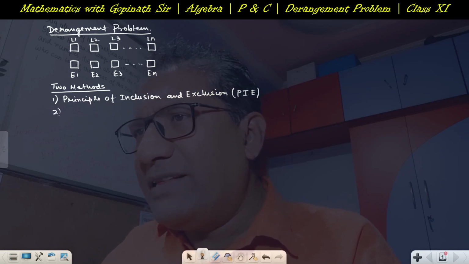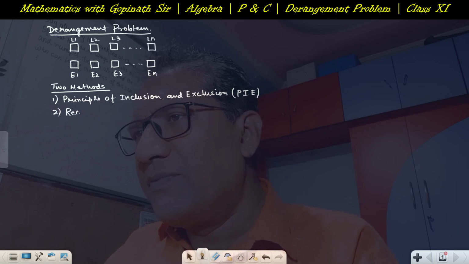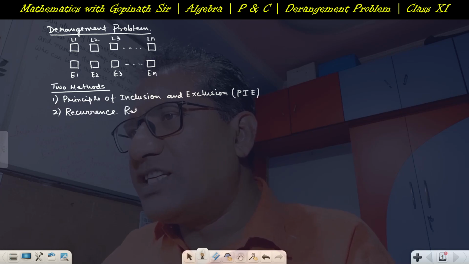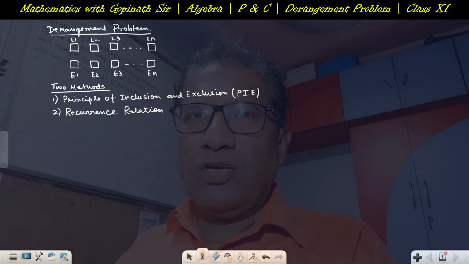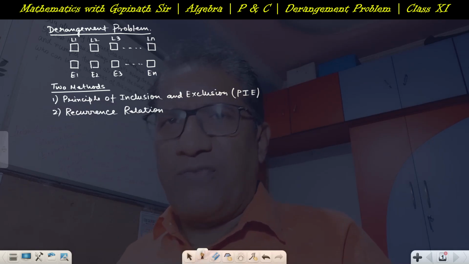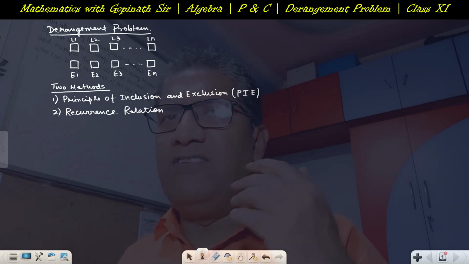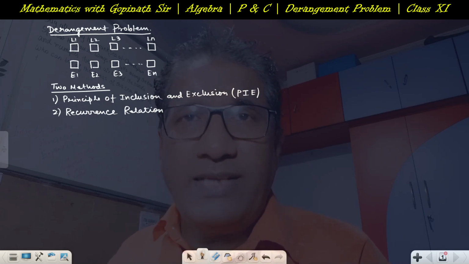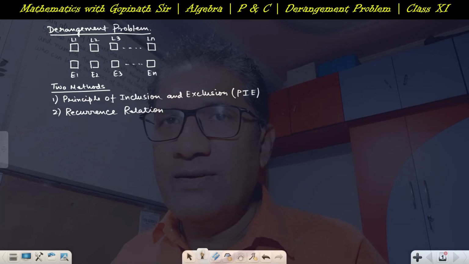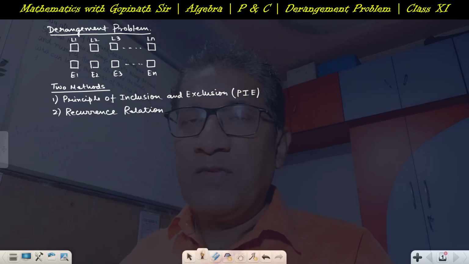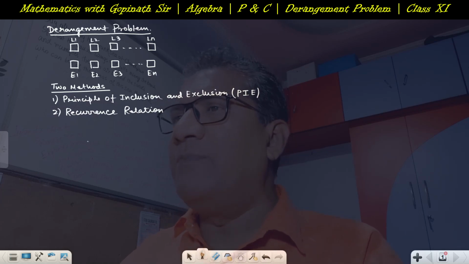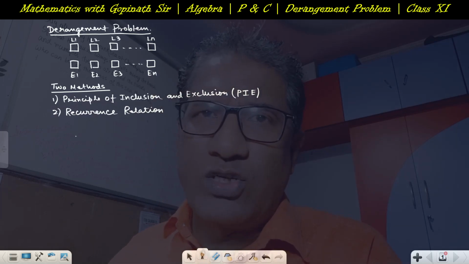And the second method will be recurrence relation. So let us start with the first method, and then I will teach you how we can find the total number of derangements by using recurrence relation. So the first way we will do uses the principle of inclusion and exclusion.